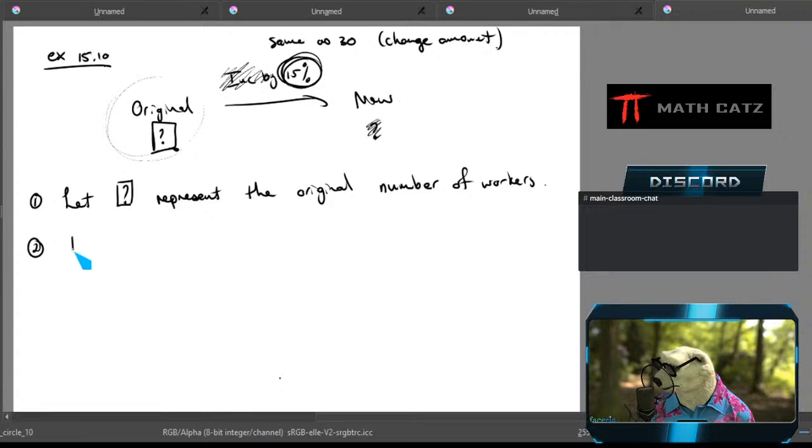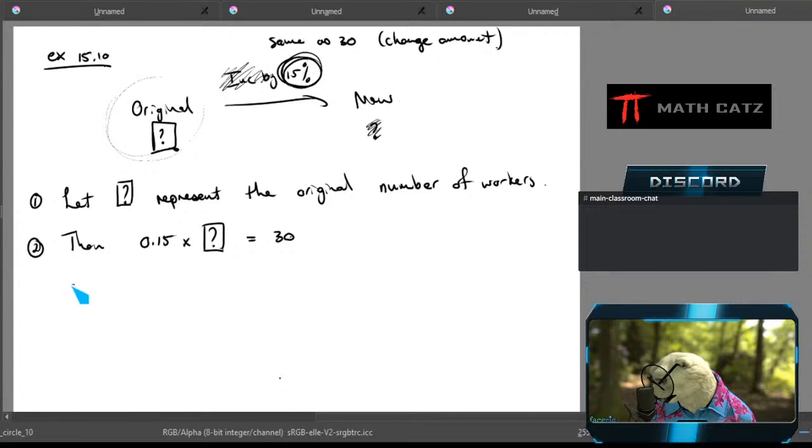So now let's translate this information. 15% of a number is going to give me 30. So 15% decimal version of the original amount equals 30. That is my mathematical sentence.